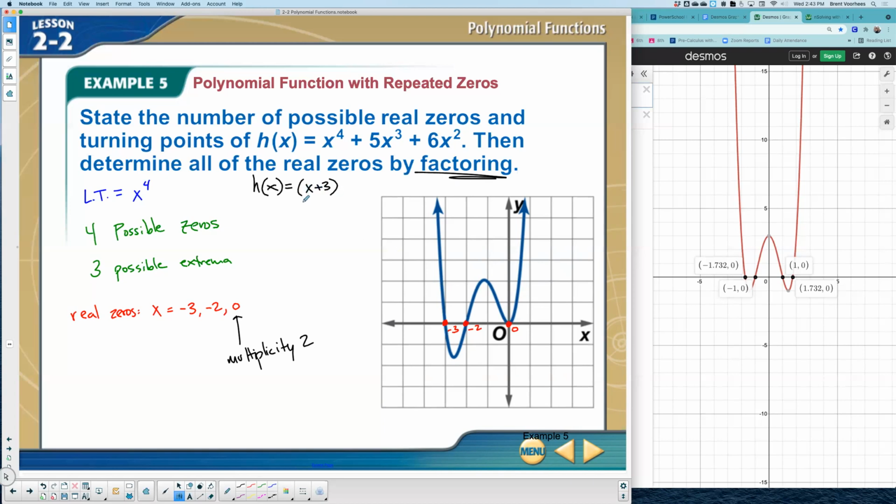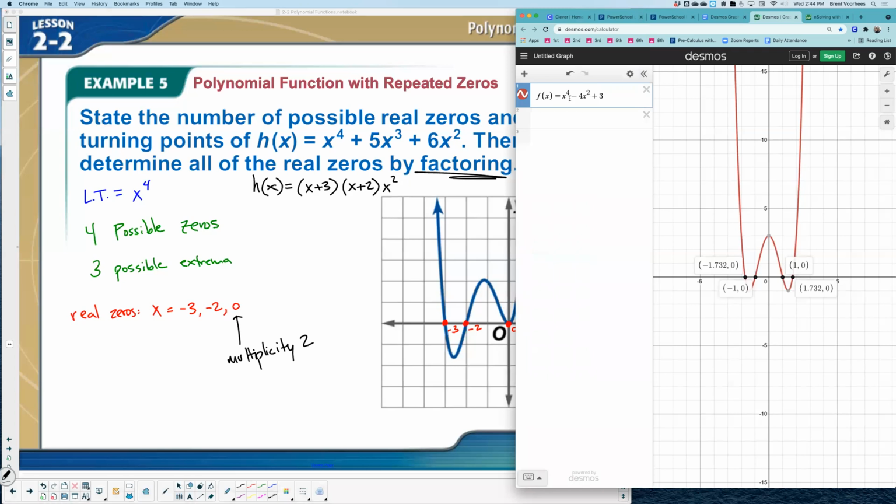Because the inside lies. Okay, so this next one, would it be an x minus 2? An x plus 2. And then this is just an x by itself. 0 doesn't do anything. You don't need 0. So it's just x by itself. But because it made a parabola there, it's actually x squared. And I'm going to prove this to you, that I'm not just making something up, by graphing this equation.